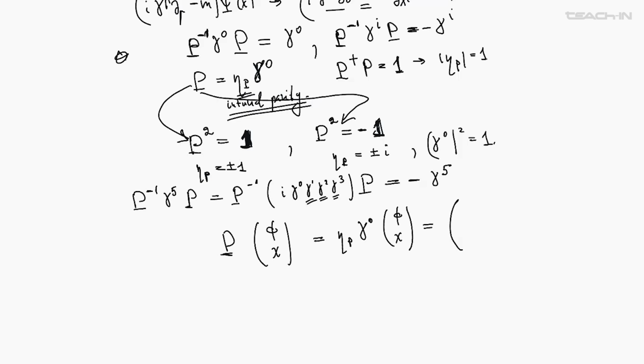So parity acts in such a way that it preserves two-component spinors. They do not mix. But you see from this computation that these components have a different parity. So phi goes to itself up to this eta P, but component chi receives this extra minus sign. So in this way, you can say that these components have opposite parity.